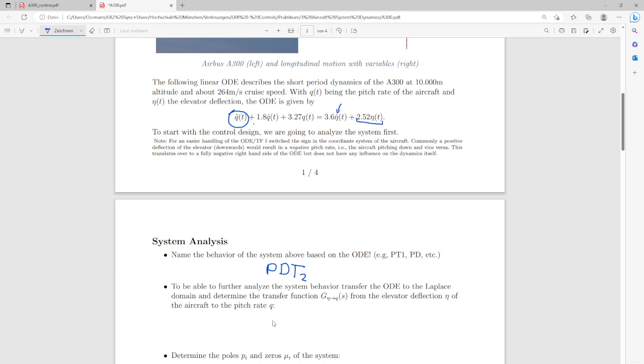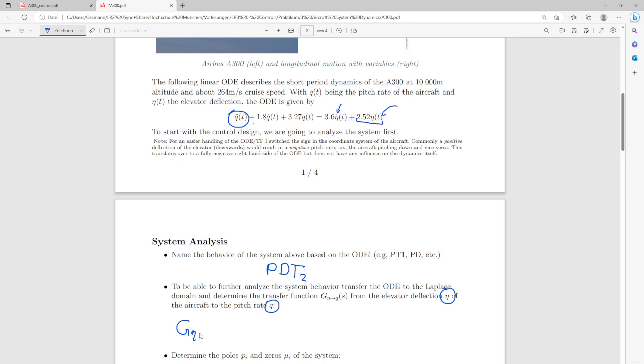Okay, so to further analyze the system behavior, we want to actually compute the transfer function from our elevator deflection to our pitch rate. So this is exactly what we have here. We just do a simple Laplace transformation to get the transfer function of our plant.